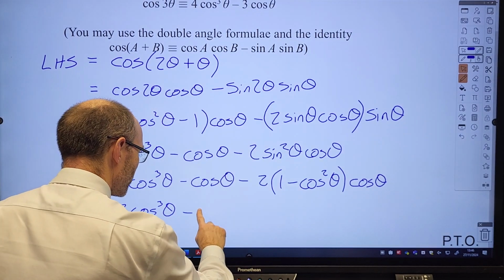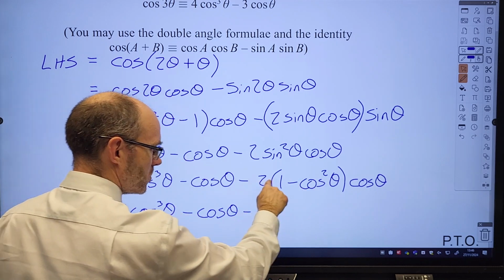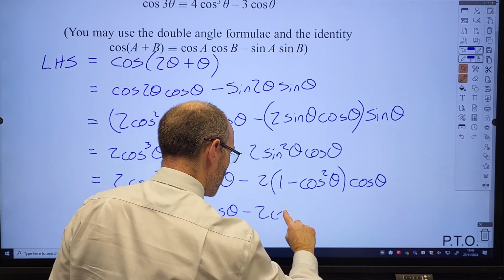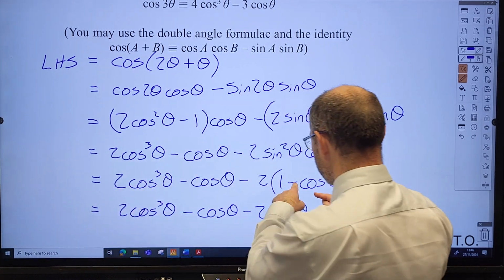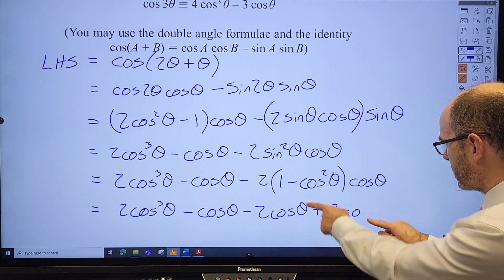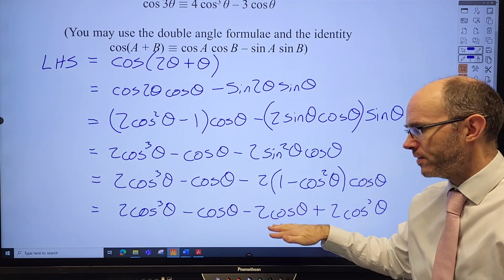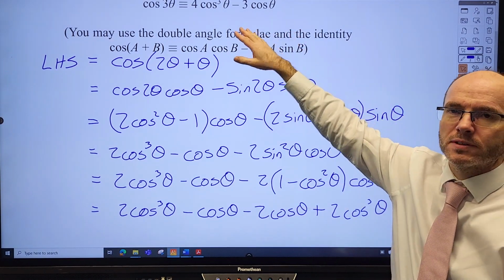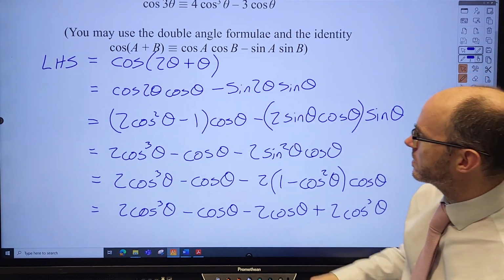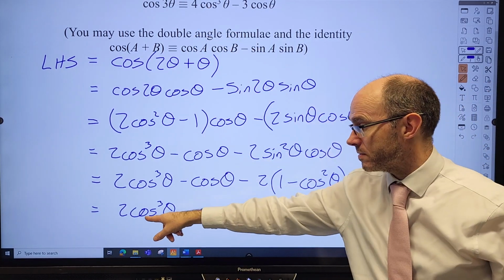Minus cosine theta, subtract, let's get this right, 2 times cos theta, and then subtract negative, so plus 2 times cosine cubed theta. You'll know you've got that bit wrong if it doesn't match up with that. Because what we need is that and that to combine to make 4 cos cubed theta, which it does, that plus that.